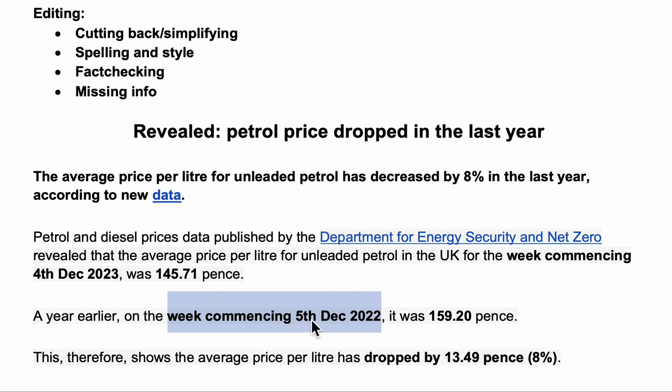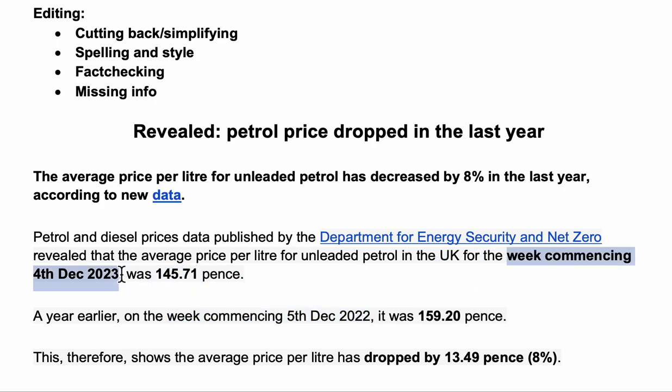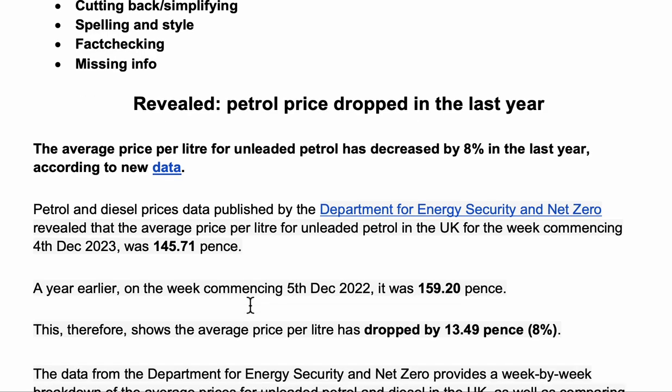Now, the bold elements here as well we can take out. We don't want too much bold. We just want kind of one item per paragraph to focus the eyes. So I'm just going to unbold those things. And I'm kind of thinking, can we chop back this for the week commencing 4th of December? Because that's quite a clunky collection of words.